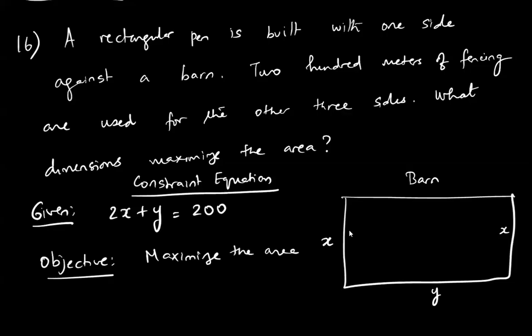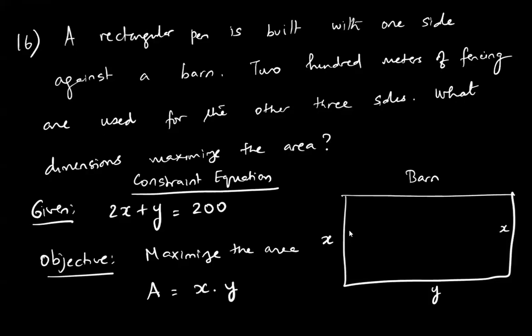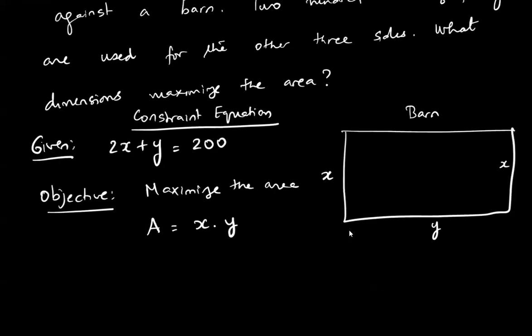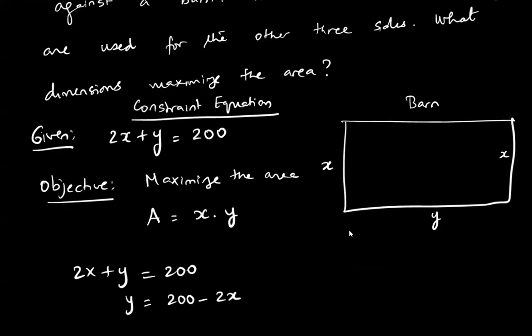This is a rectangle. The area of a rectangle is given by length times width, right? Now, we do not want an equation in two variables. So we are going to see how we can use the constraint equation to rewrite it so that one variable is written in terms of the other. I'm going to take this constraint and rewrite it as y is equal to 200 minus 2x.